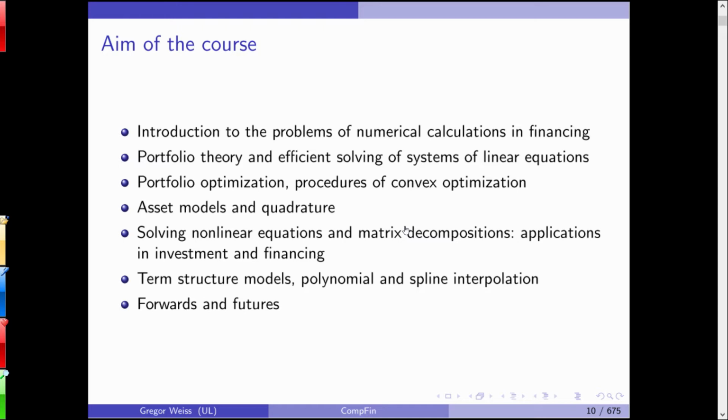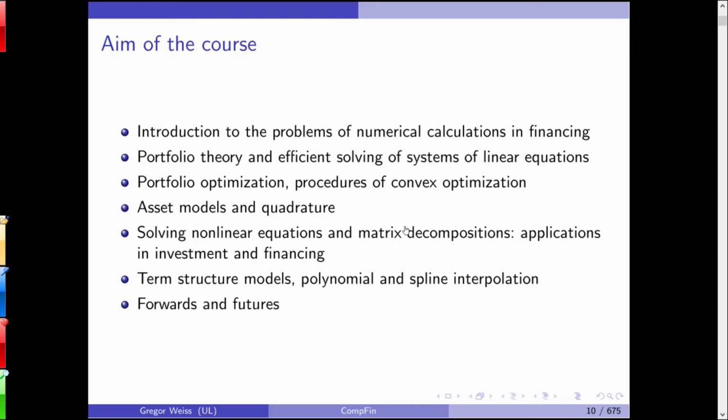I wanted to give a class on the intersection between finance, especially option pricing, and the part of mathematics that is called numerical analysis. In German it's Numerik, in English it's called numerical analysis.